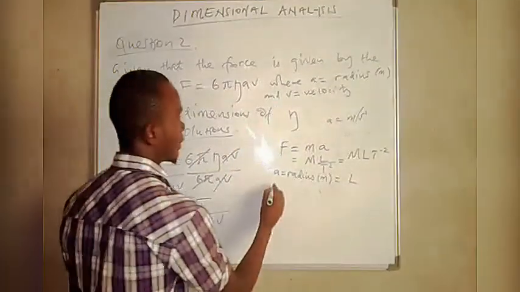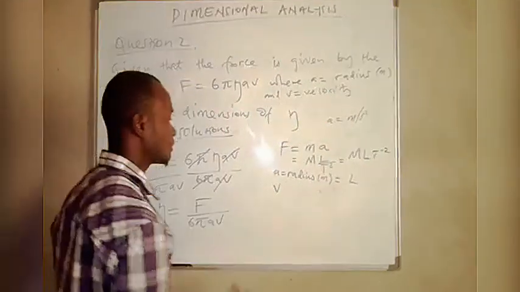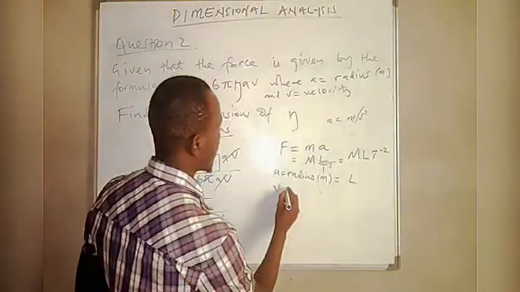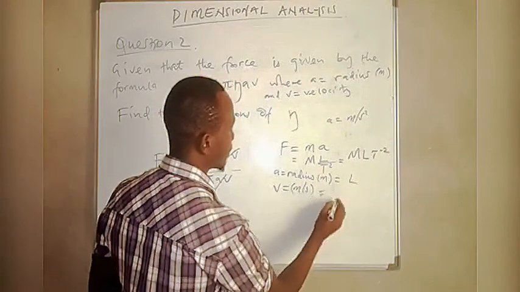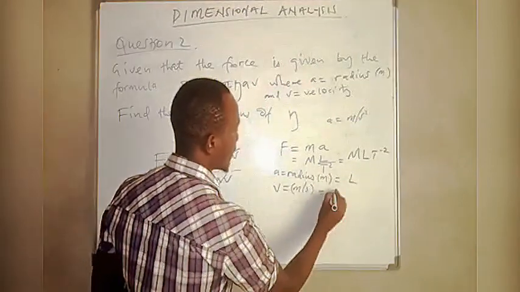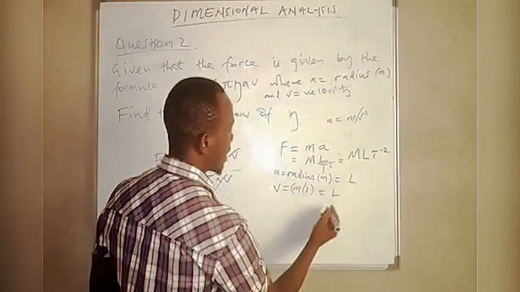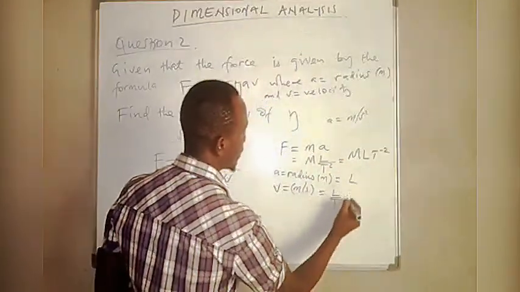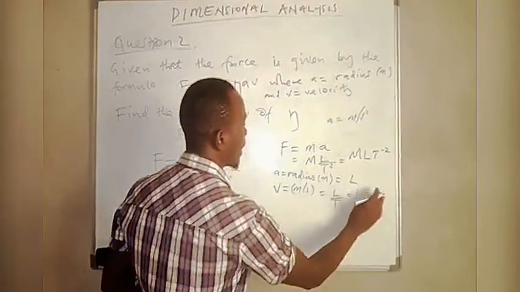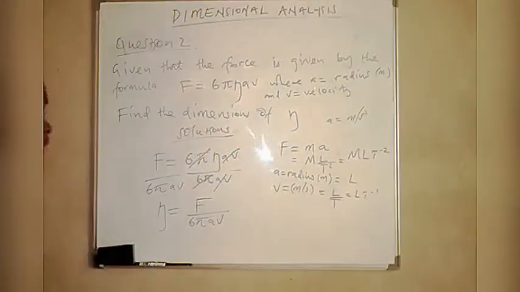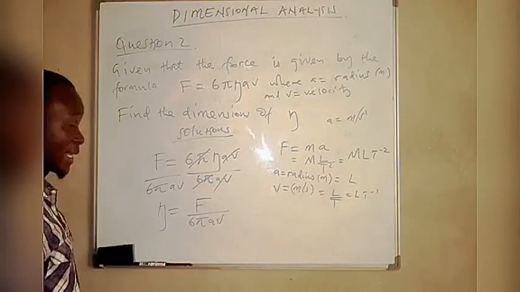And then velocity, we have the units meters per second, which gives us L for meters and T for time, which can also be written as L T to the power -1. So let's now plug in these values.